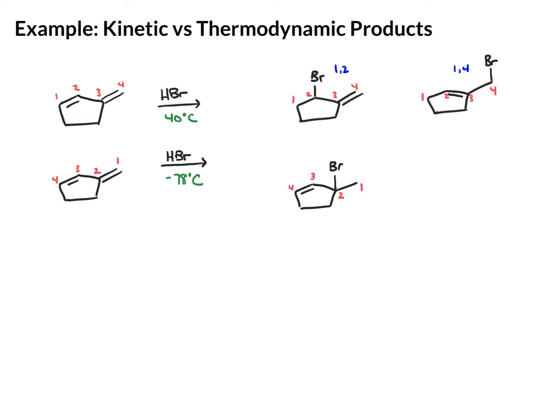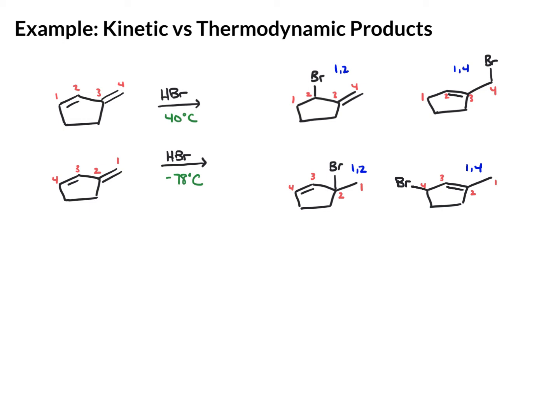And then for the 1,4, the hydrogen will go on carbon 1, the Br on carbon 4, and the double bond between 2 and 3. Okay, so these are our 4 possible products.